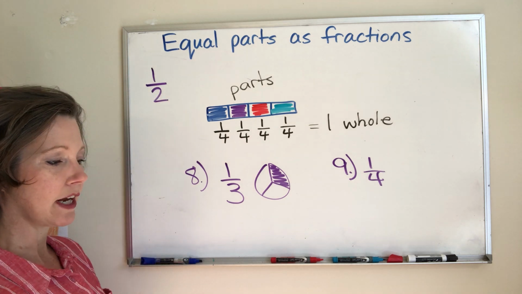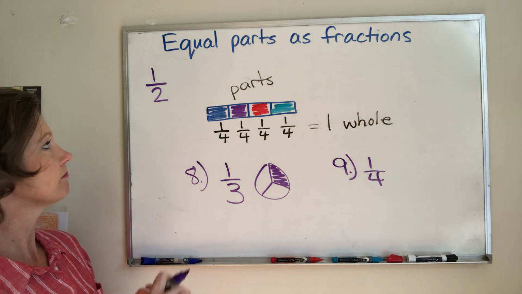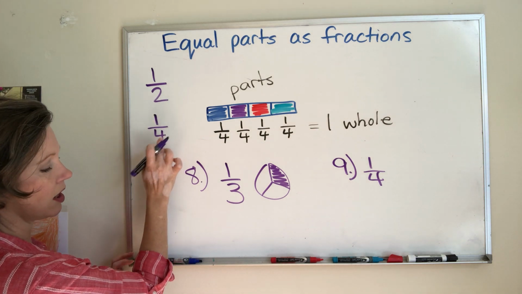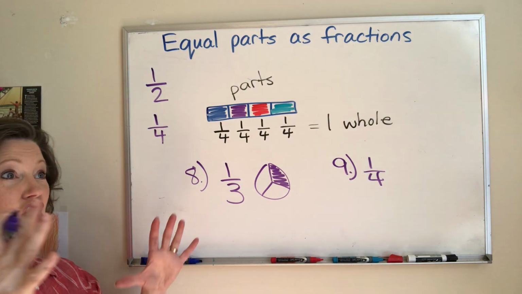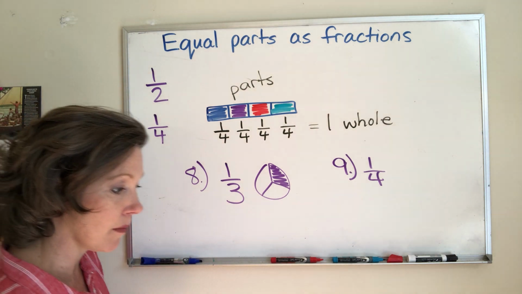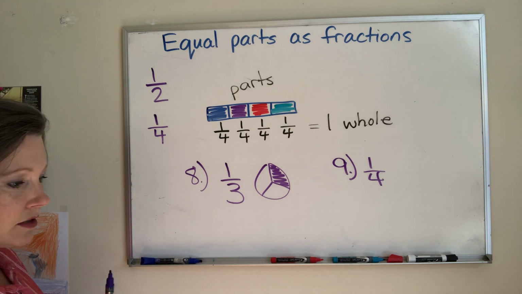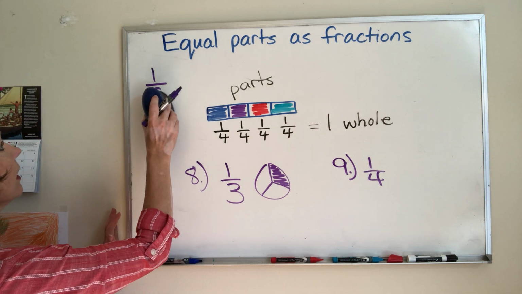What about the circle, the next one? It would be 1/4. Yes, you have one part colored of 4 parts in the circle. What about the giant rectangle there on number 2 on page 81? It would also, oh, I made a mistake.